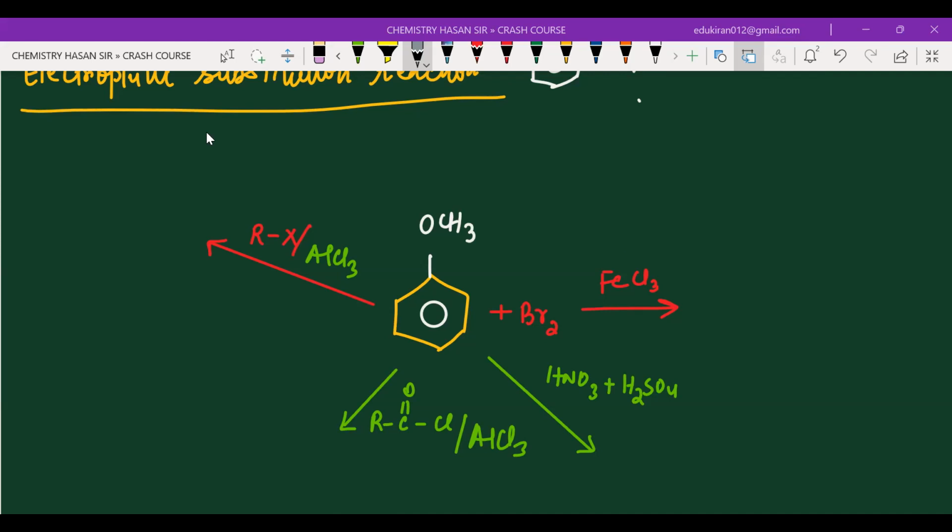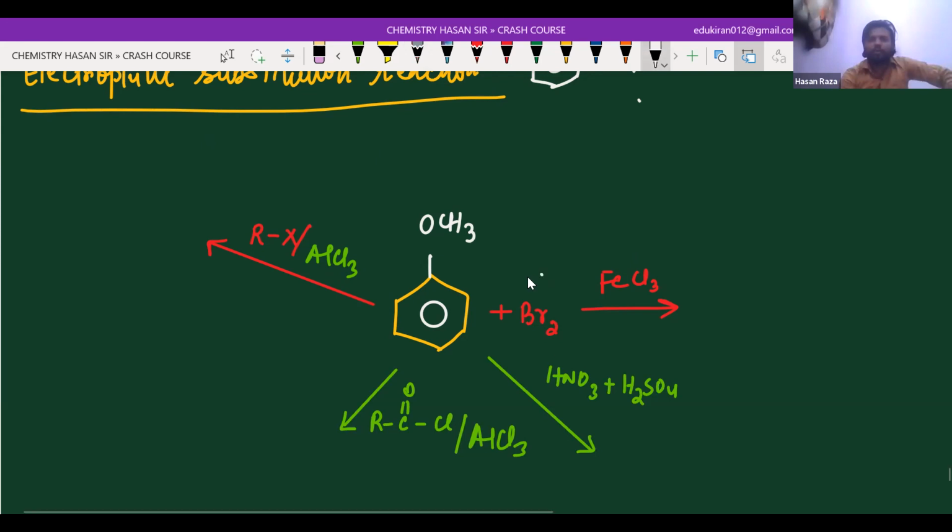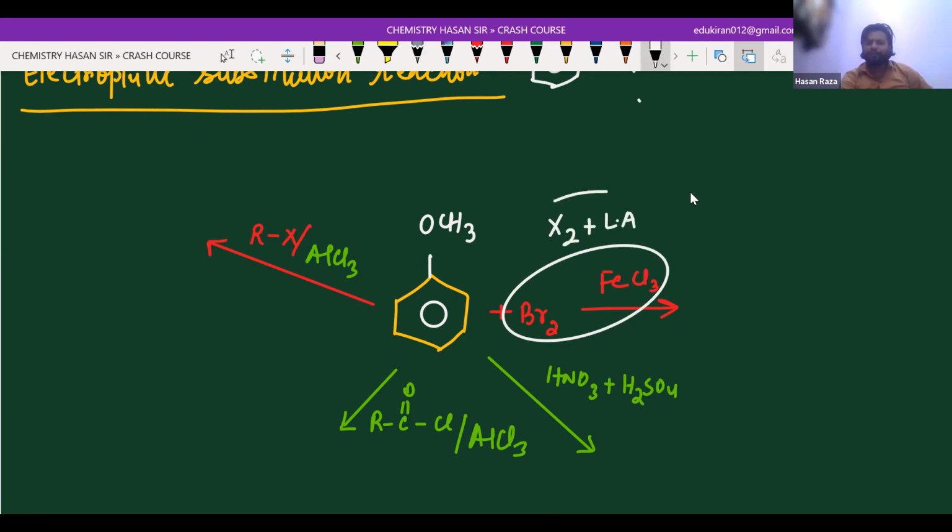Okay, got it. Everyone understood the reaction. Since it is an electrophilic substitution reaction, you know that when X2 is going to treat with FeCl3, or you can take X2 plus Lewis acid, this will be generating an electrophile that is Br plus.